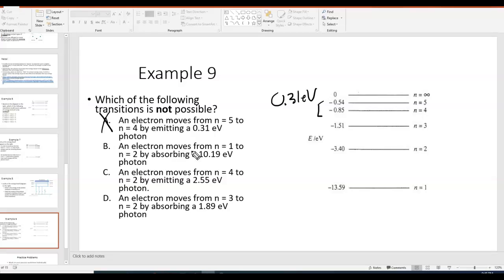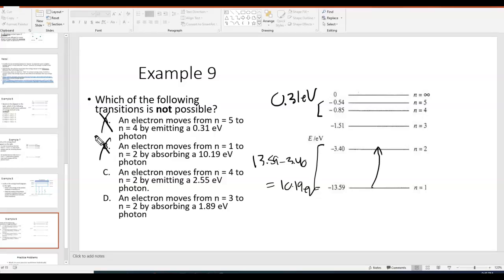B says an electron moves from n equals 1 to n equals 2 by absorbing a 10.19 eV photon. Again, let's look at the gap between n equals 1 and n equals 2. 13.59 minus 3.4 is 10.19 eV, and in order to go from 1 to 2, it has to absorb a photon.